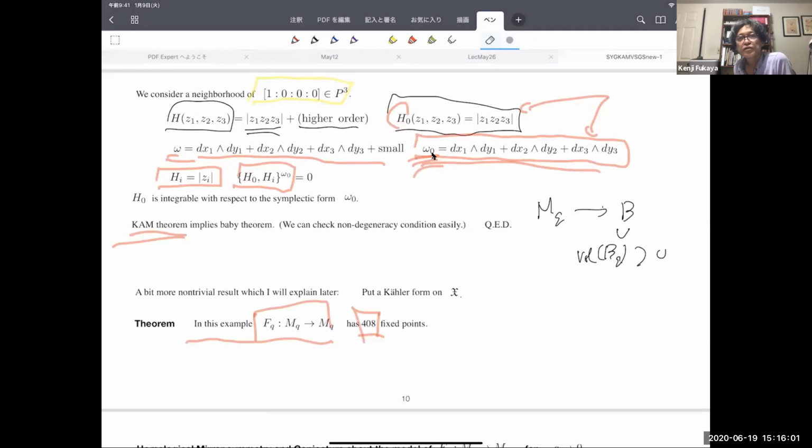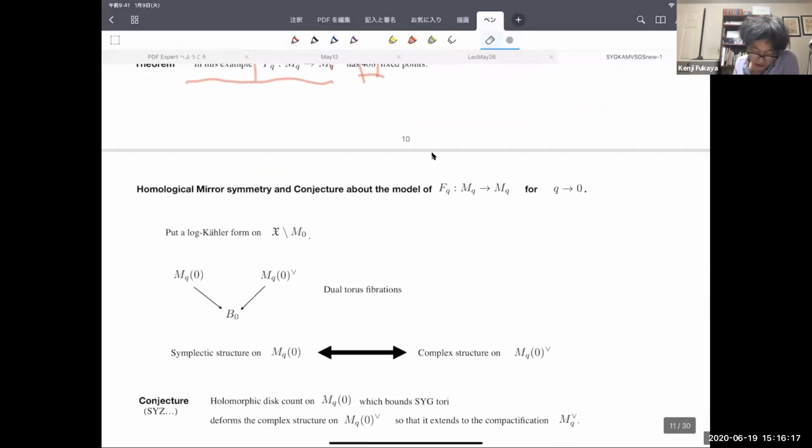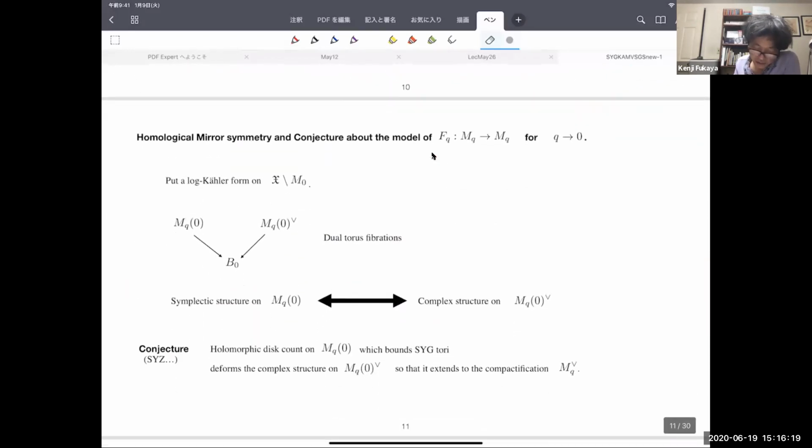So it is likely that 24 is very easy to get, but we have many more fixed points in this particular example, like 408. Okay. But before explaining this kind of thing, I want to explain how this homological mirror symmetry is related to this story. So let me recall this relation to homological mirror symmetry and SYZ fibration.